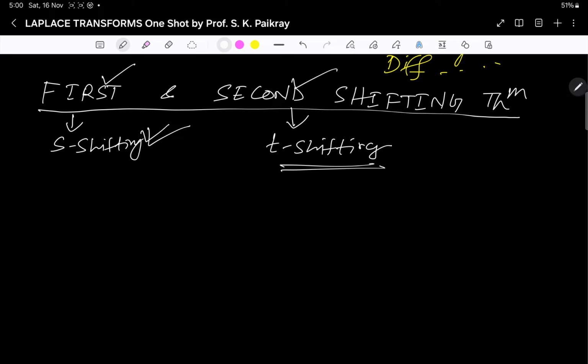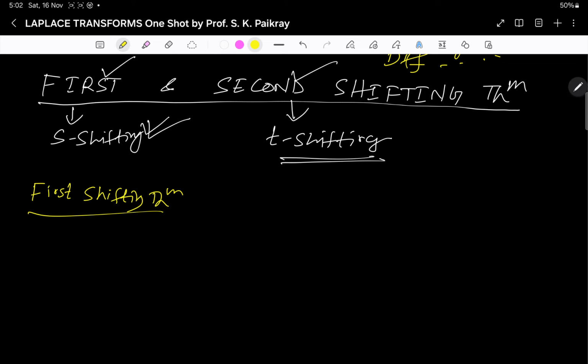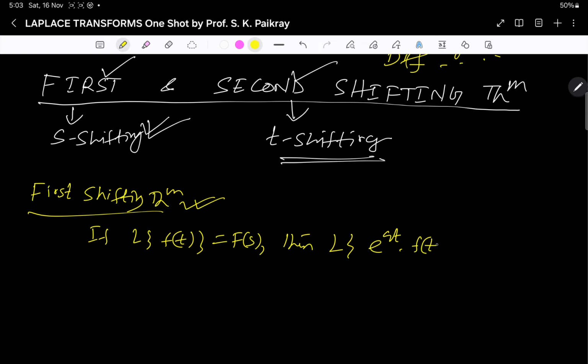So coming to your S shifting or first shifting theorem, you know, if L of f(t) is F(s), then L of e to the power at t into f(t) is F(s minus a). Okay, means here your s is simply replaced by s minus a the moment e to the power at is multiplied.